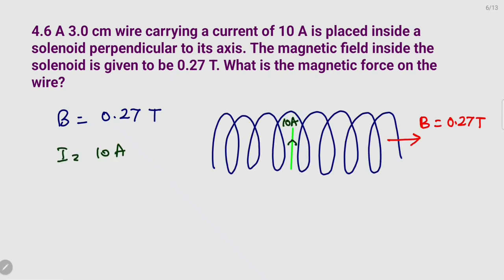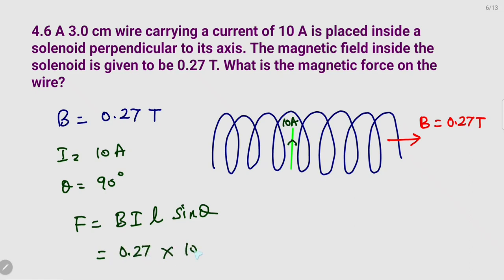See, I drew a solenoid, and inside the solenoid the 3 centimeter current carrying wire is kept perpendicular. So we can take theta as 90 degrees. Again the same formula which we used in the previous numerical, B I L sin theta. So 0.27 is the magnetic field, current is 10, and the length of the wire is 3 centimeters, so 3 into 10 power minus 2, and sine 90 is 1.